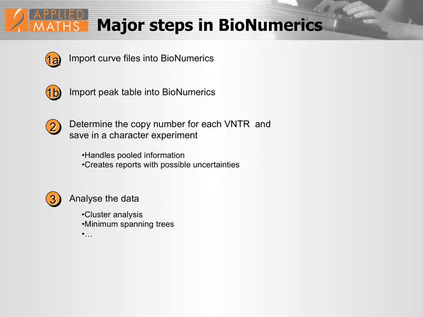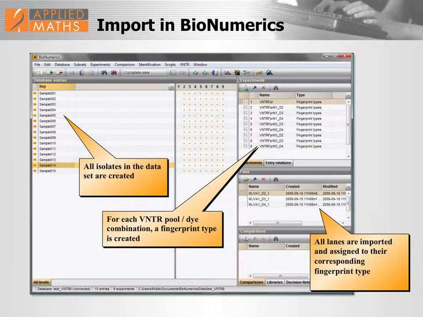So those steps are very similar to how you would analyze your MLST data. So for MLVA, it's also importing, having the software determine the copy numbers, and then analyzing your data.